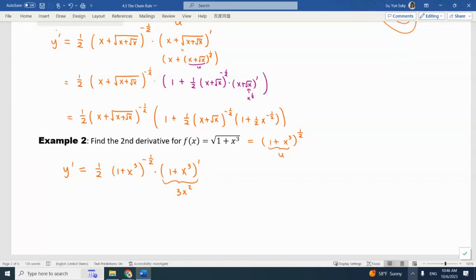So you have 1 plus x cubed to the minus 1/2 times 3 over 2 x squared. So it looks simpler. Do you see now the format is something times something? I get a product.